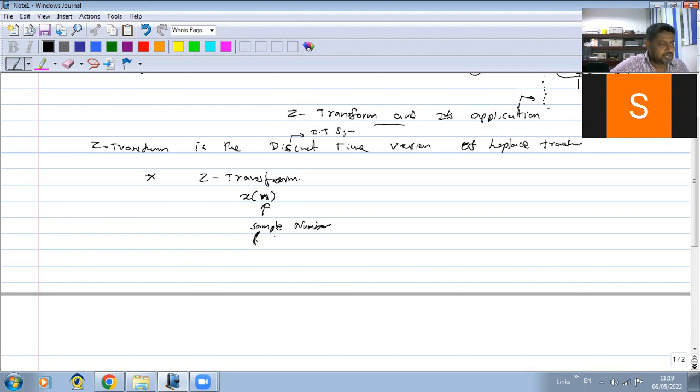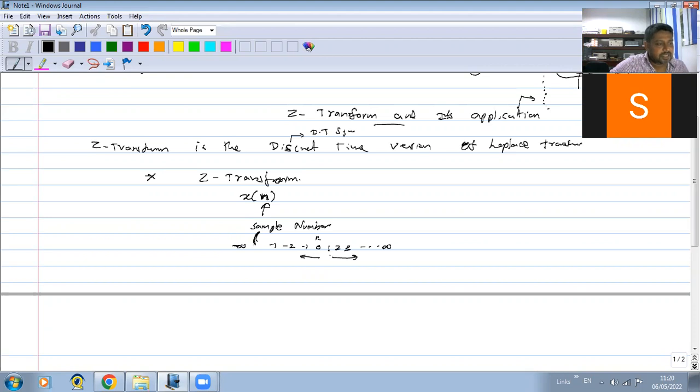So n is the sample number, and it is an integer value. I think you already know that n can be 0, 1, 2, 3 up to infinity, or -1, -2, -3, up to minus infinity. So these are plus samples and these are minus samples.